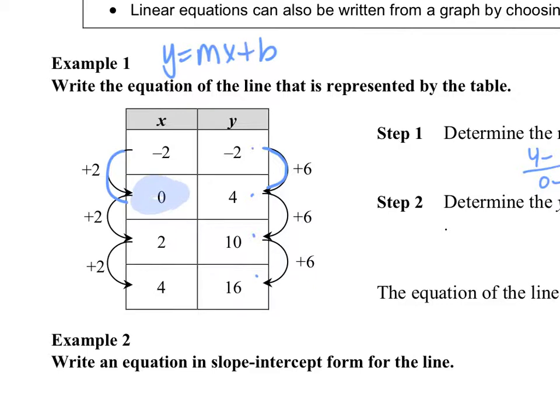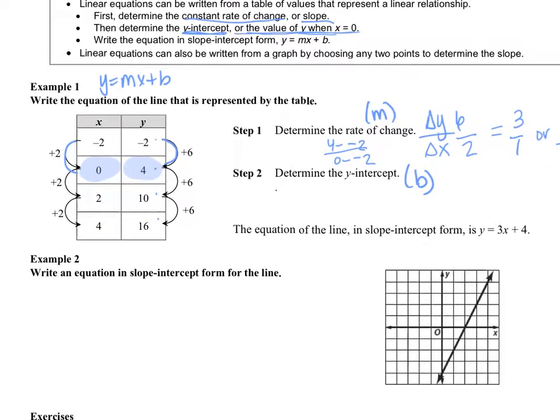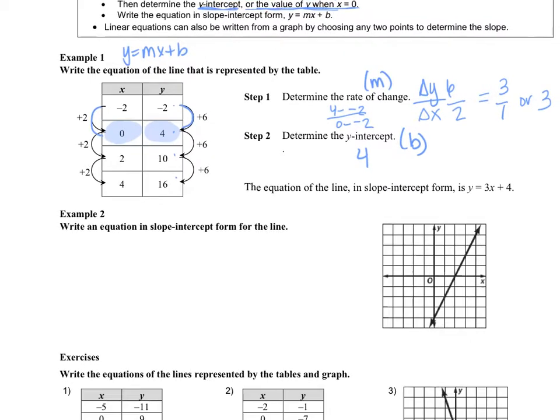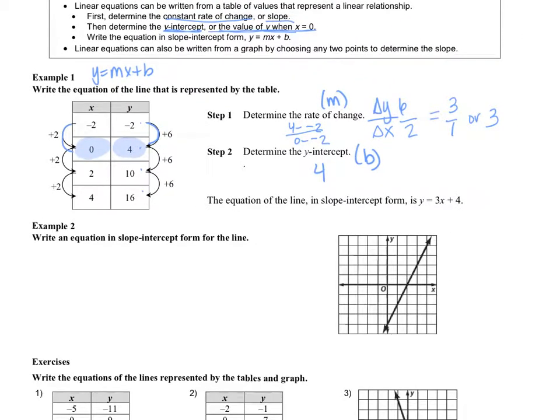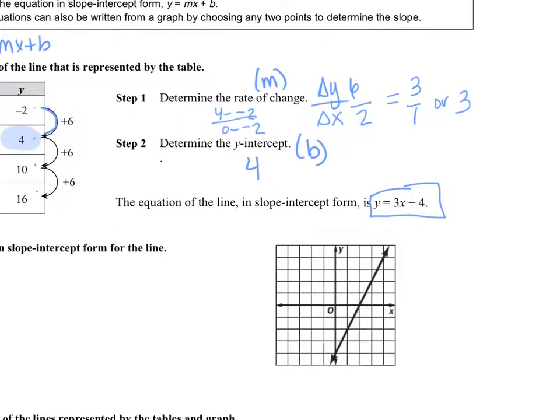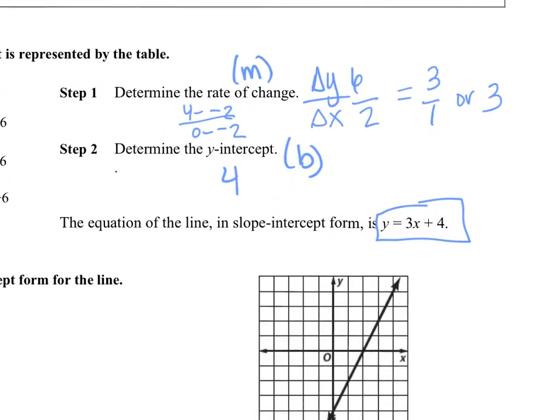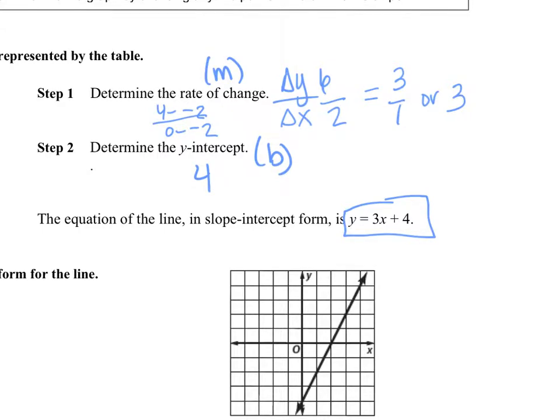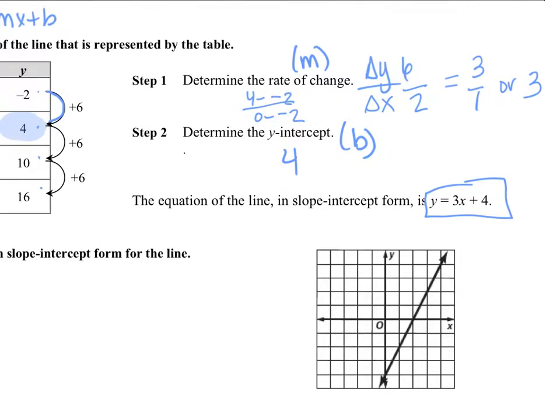Right here, the second number? So what's your corresponding y value? Okay, so that's your y-intercept. So when we put that all together, the equation of the line in slope-intercept form is y equals 3x plus 4. You're just plugging those numbers in. 3 is our m, 4 is our b.